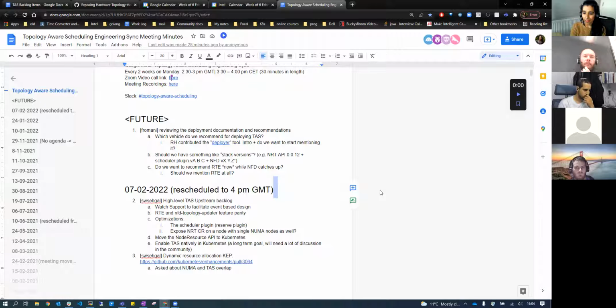I tried to organize them based on the way I saw them being implemented, or in terms of priority, but I'm open to input.